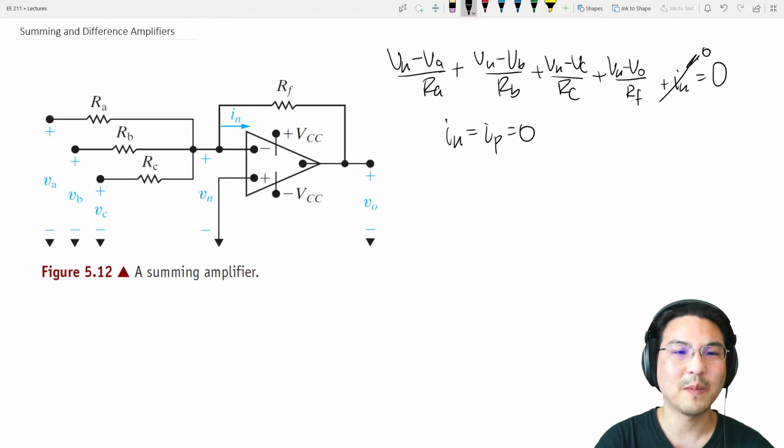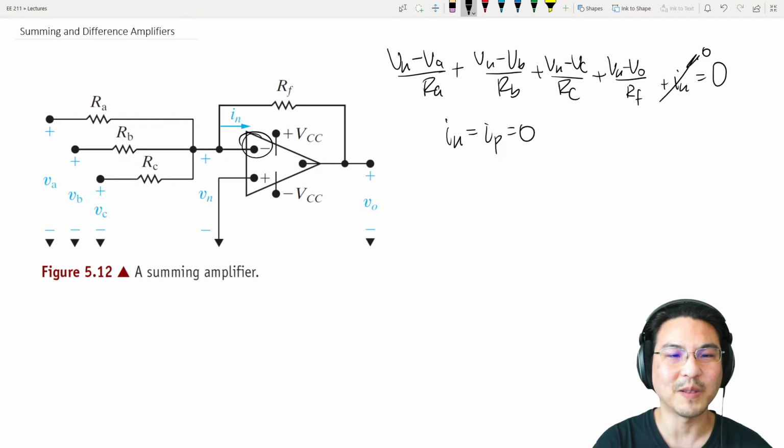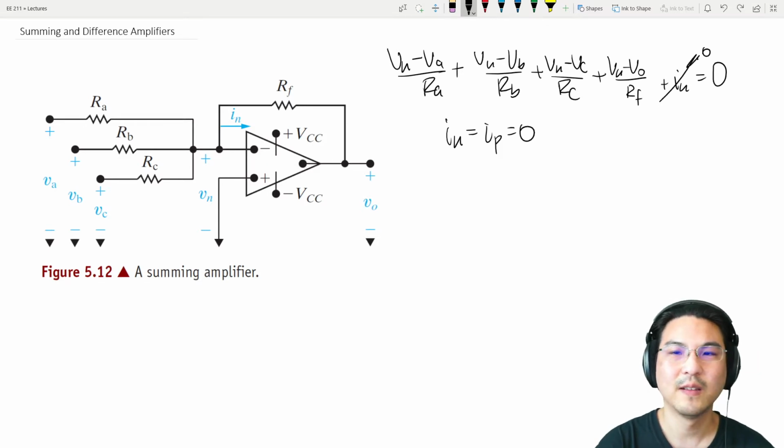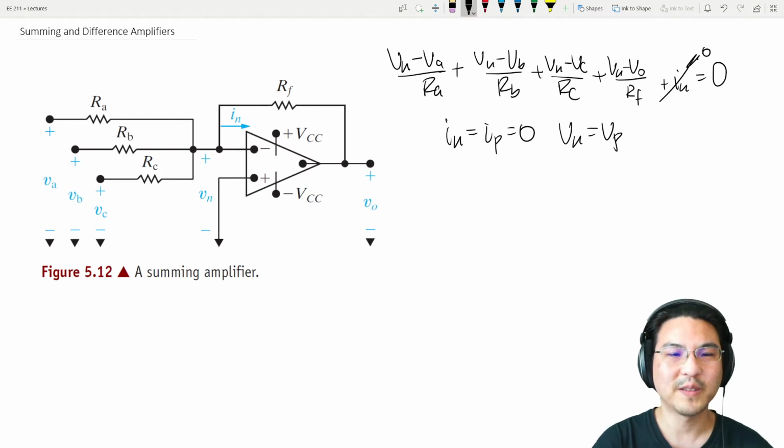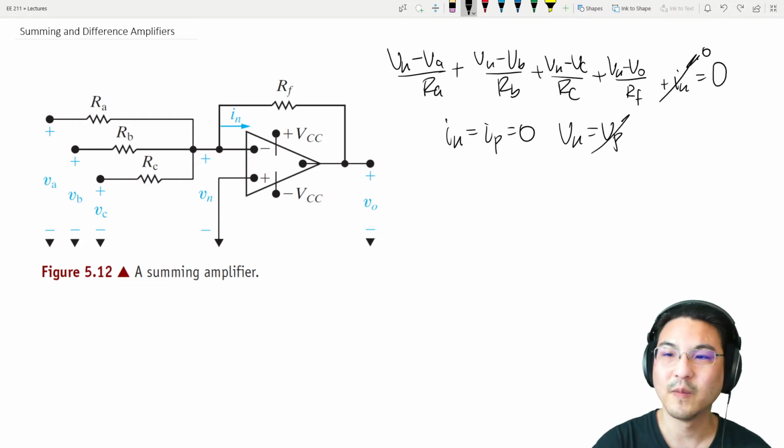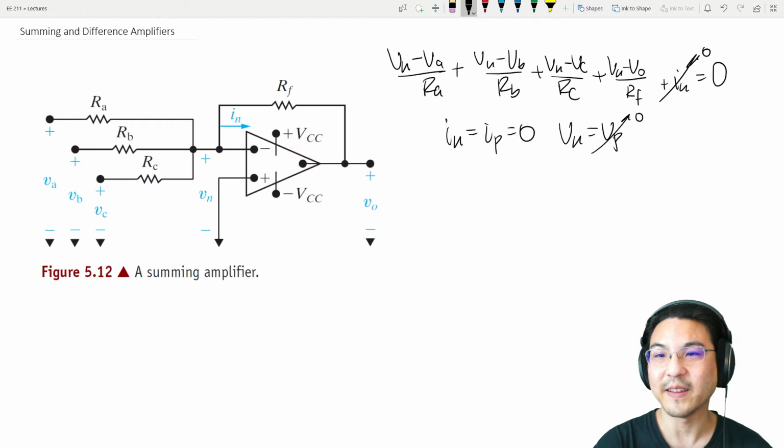Also, for an ideal op-amp, the voltage here is the same as the voltage here. Vn equals Vp. But notice this pin is tied to the reference, so the voltage here is 0, which means Vn is 0.